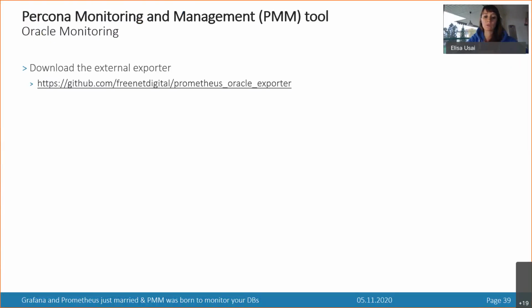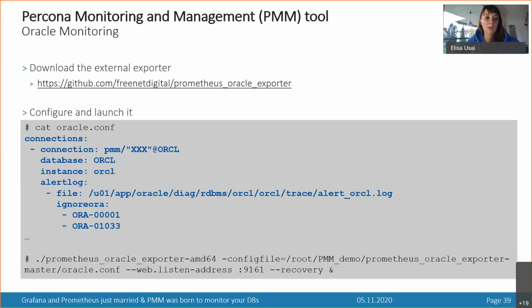With PMM, you have the possibility to use external exporters that you can find on Git, for example, or you can develop your own exporters and then integrate them into PMM. So I downloaded an exporter for Oracle here, and I just have to adapt the configuration file to connect to my Oracle database, and I launched the exporter in this way.